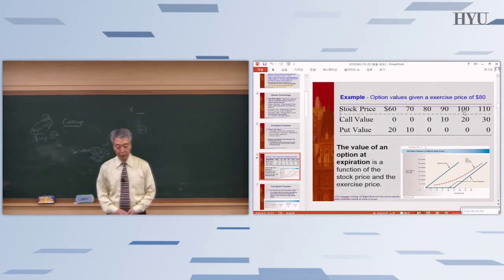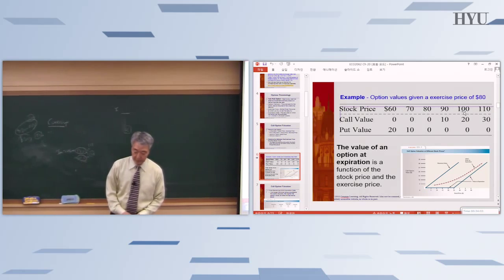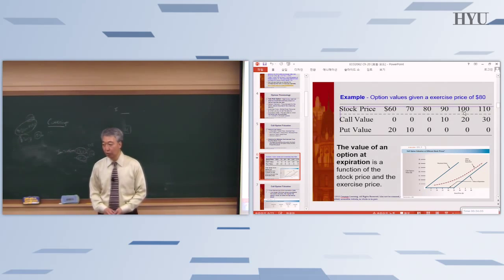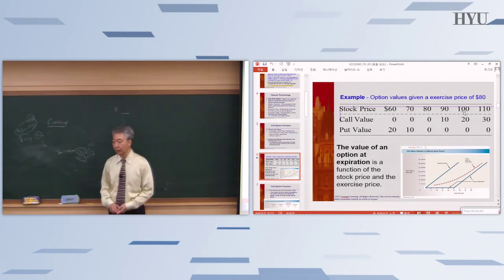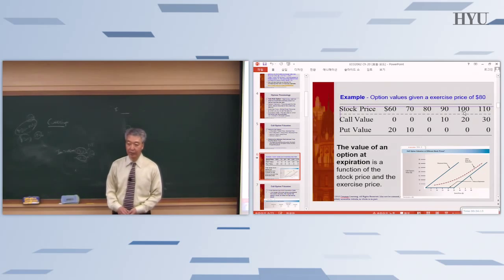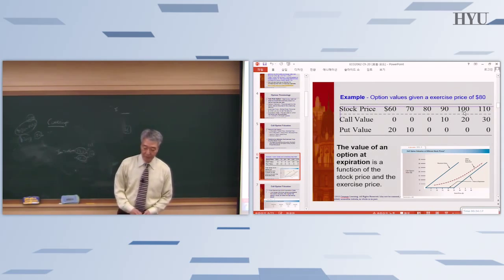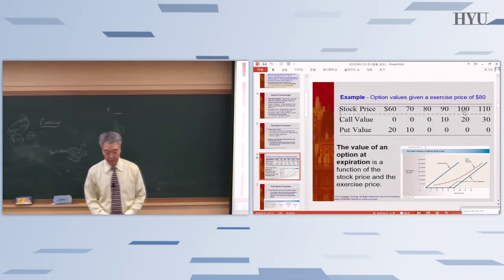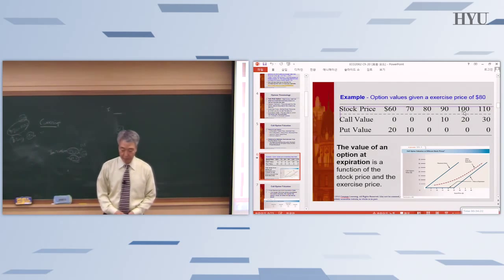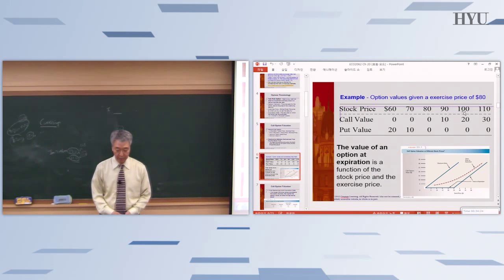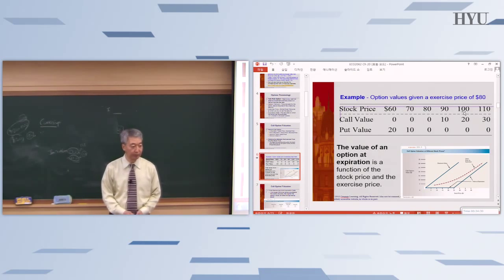But if the price goes up to $90, then since you have the right to purchase this stock at only $80, you can exercise it. That means you can save $10, and so on. So the difference between the stock price and the strike price is the call value, but there is no negative; the minimum is 0.